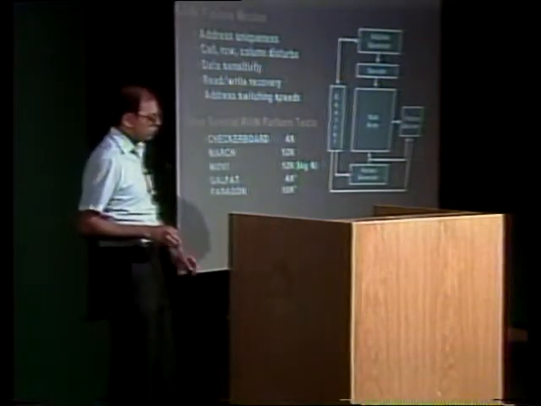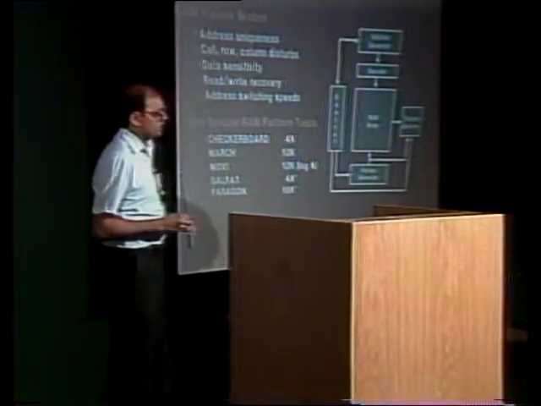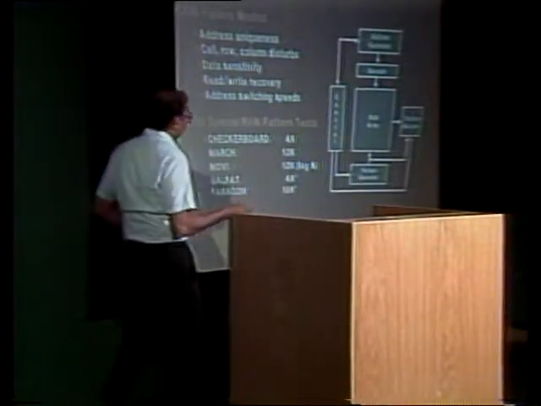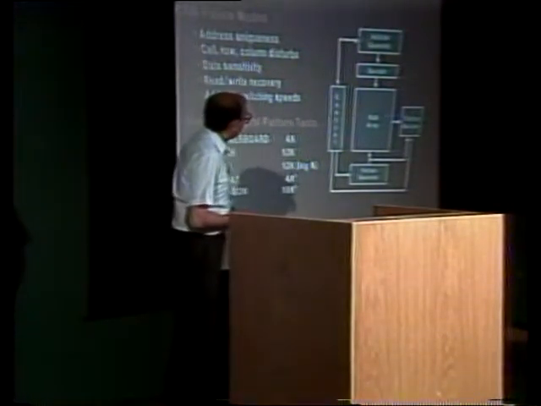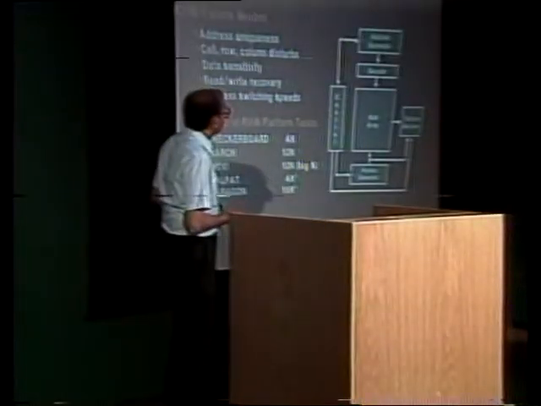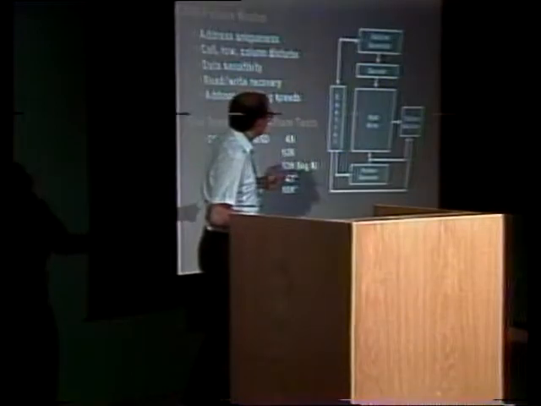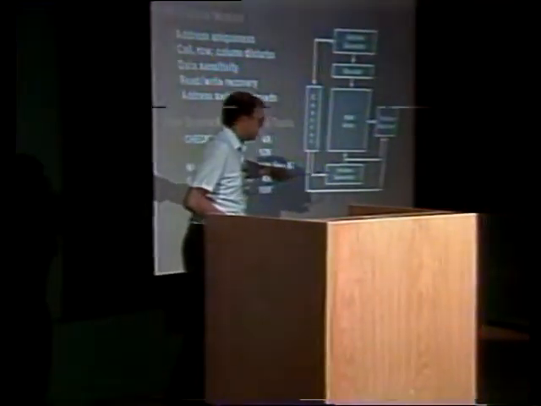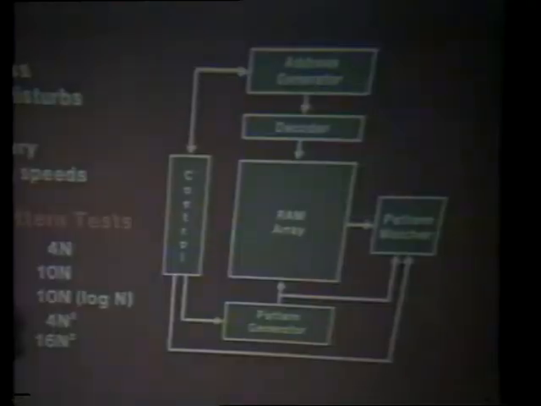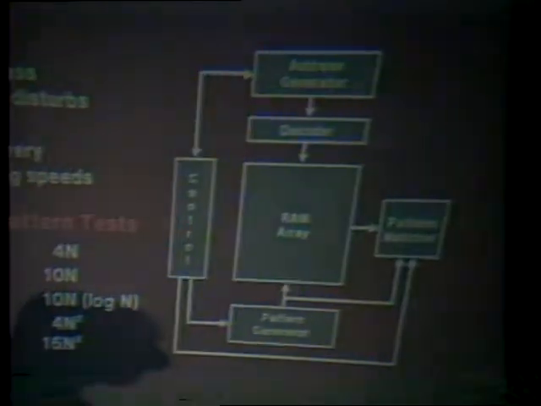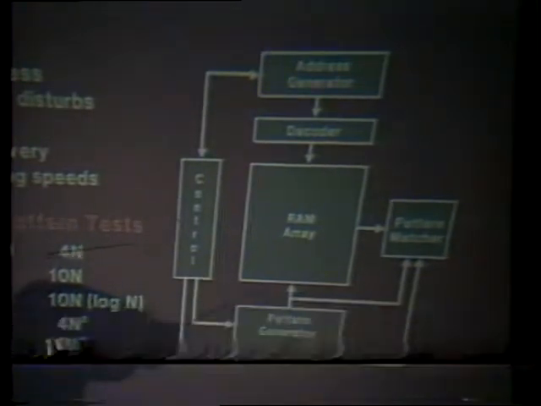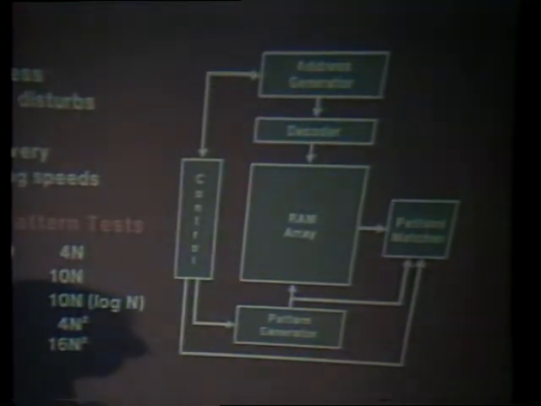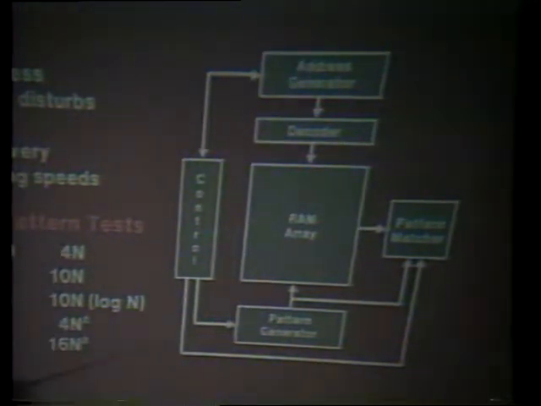In those situations, what you may want to consider is self-test for the RAM, and the way to do it is shown here diagrammatically. The only thing we need to add to the basic RAM is some kind of address generator which will generate addresses to provide this kind of testing, a pattern generator, again to provide a march test or a galloping ping pong or a paragon, something to check the responses coming out of the RAM, and a controller which will control the algorithm to be applied.